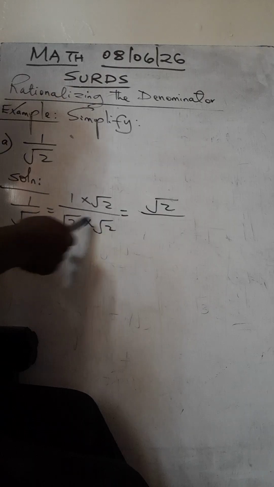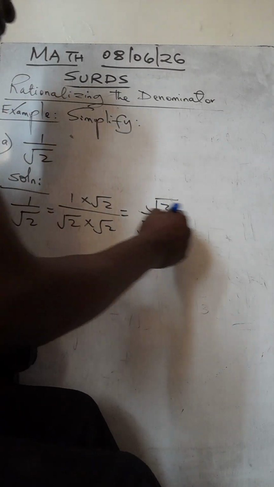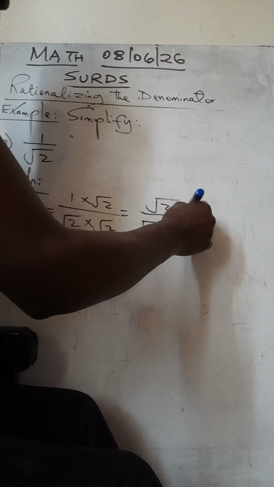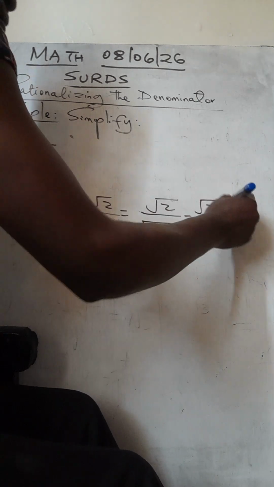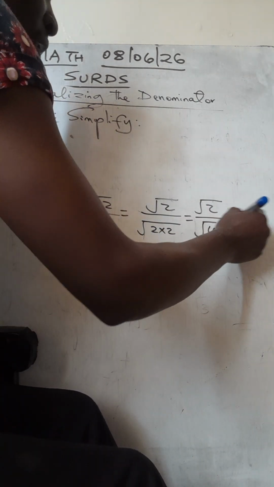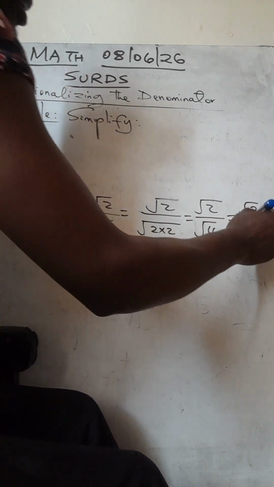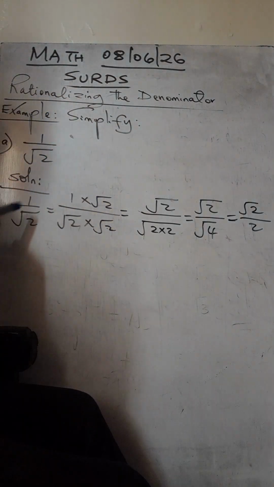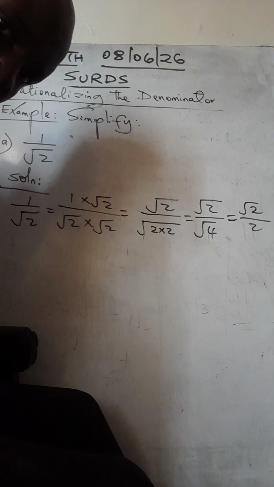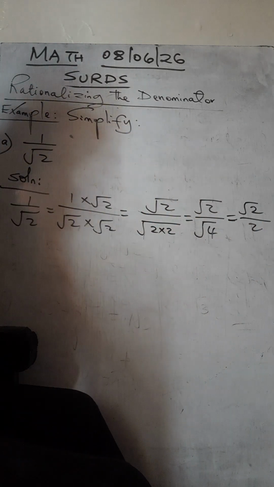And this times this, I've told you how to multiply irrational roots. You just write the square root sign and multiply 2 by 2 under the root. So this is square root of 4, and at the end of it you have root 2 divided by root of 4, which is 2. So 1 over root 2 is the same as root 2 over 2. Okay?